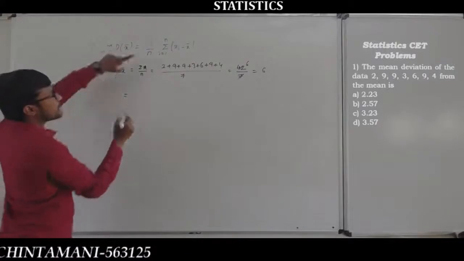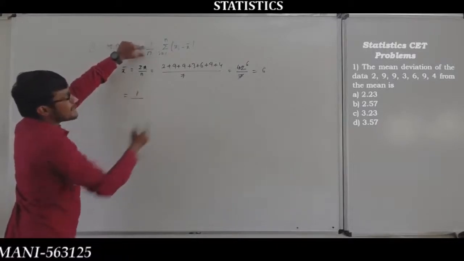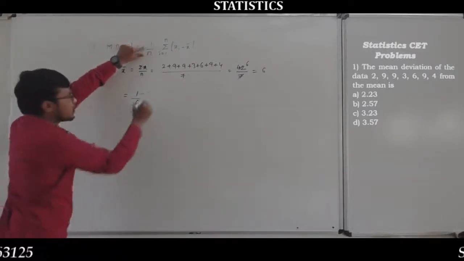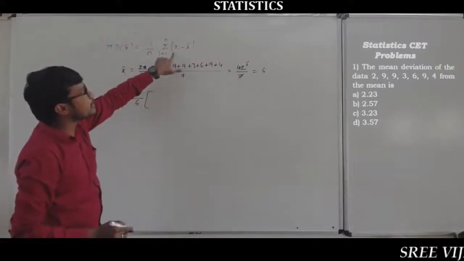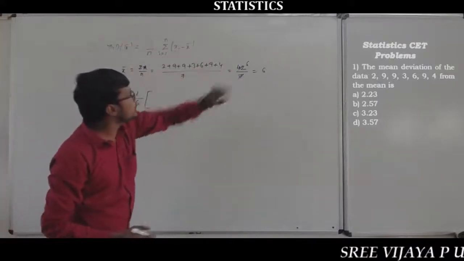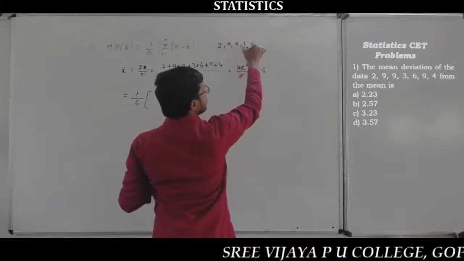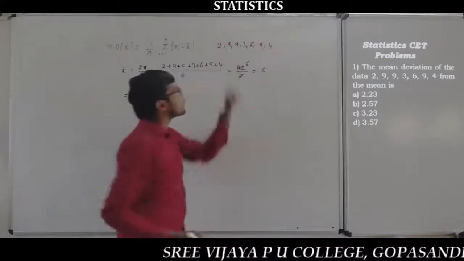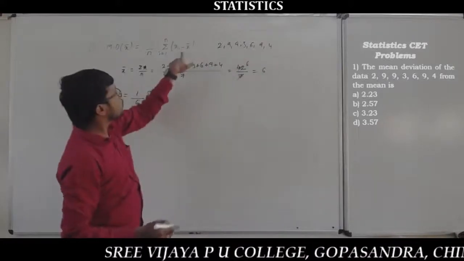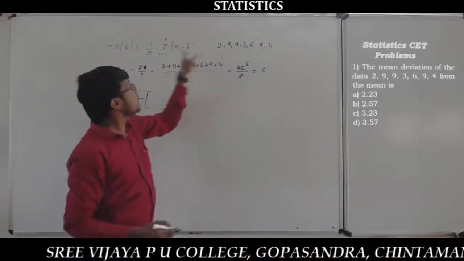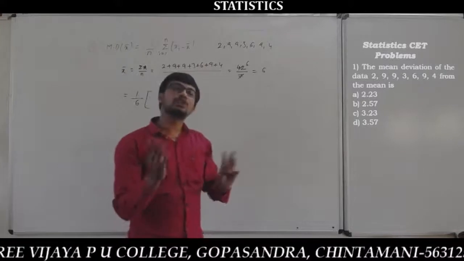Next, to find the mean deviation, 1 upon n. N is 6. Okay, now modulus of x minus x bar, right? From each observation, that is 2, 9, 9, 3, 6, 9, 4, subtract the mean, and since it is modulus, if it is a negative value you take the positive value.